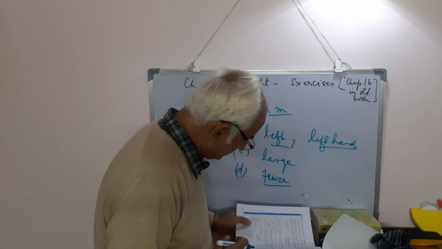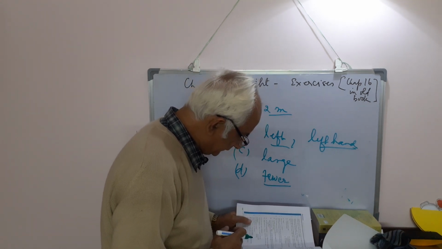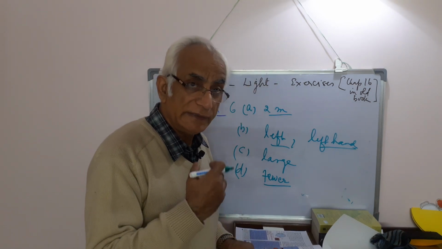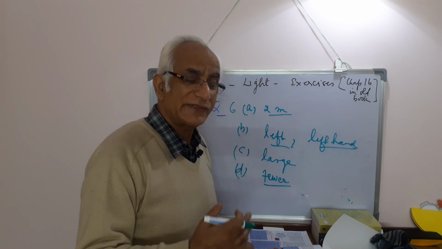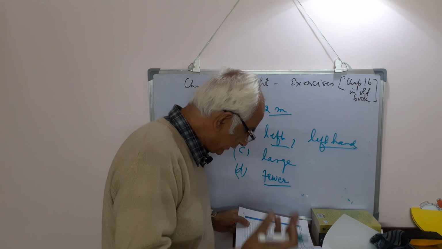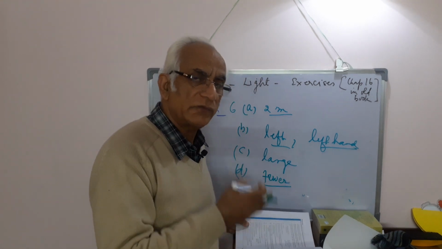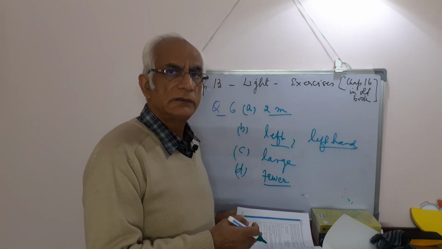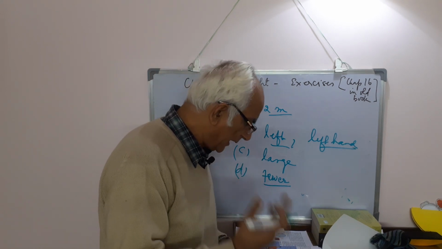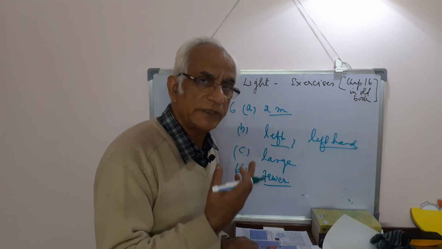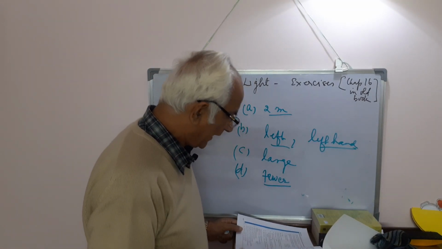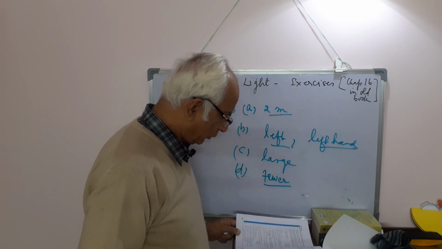So because the night birds can see in the night, that means they can see in dim light. They can see in dim light because they have more of rods and less of cones. Rods are cells which are sensitive to dim light. So they have fewer cones. That means they have more of the rods.